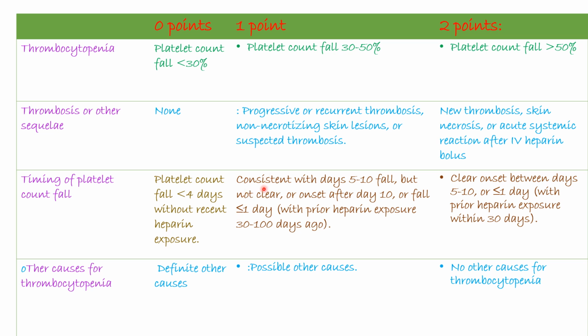Then if our platelet timing is consistent with a 5 to 10 day fall but not clear, or the onset is after day 10, or the fall is at 1 day or less with prior heparin exposure 30 to 100 days ago, so this is a gray zone, that will give 1 point.